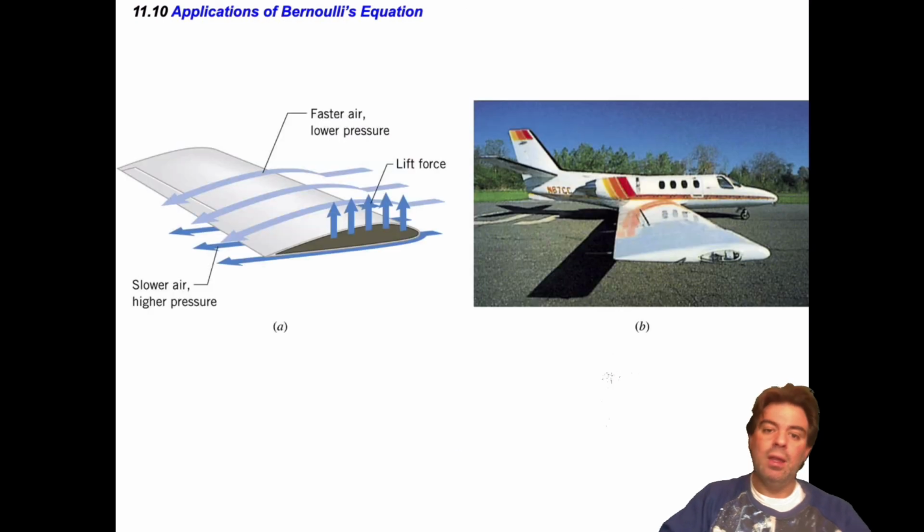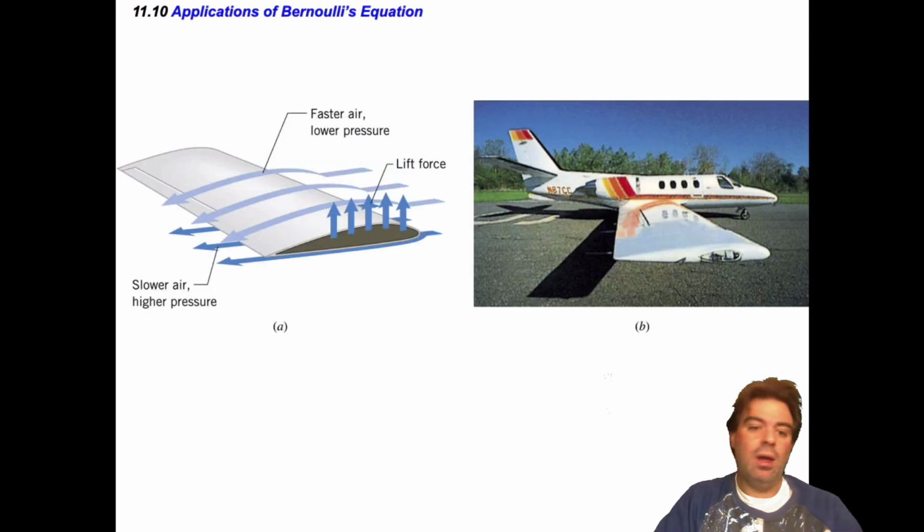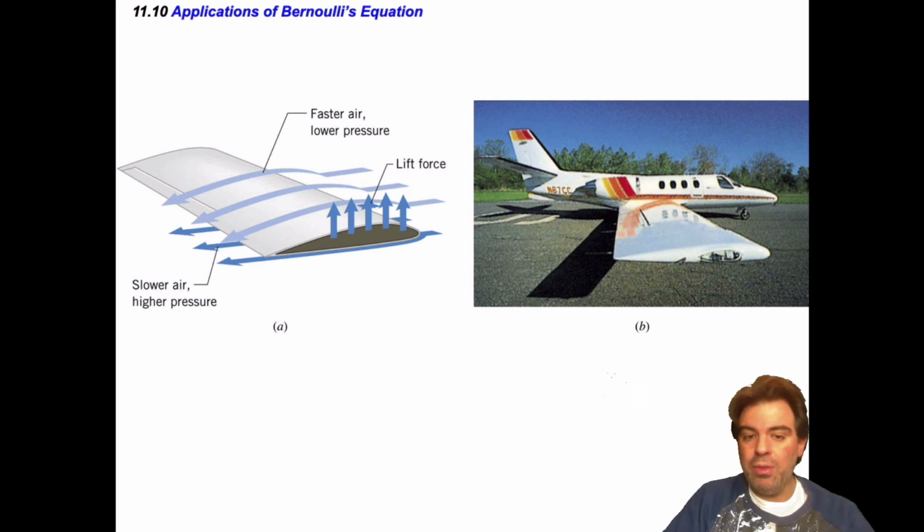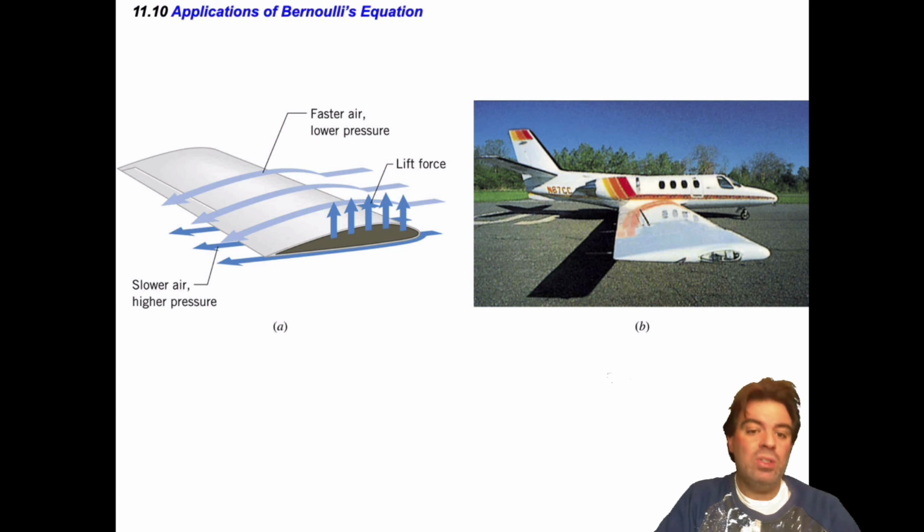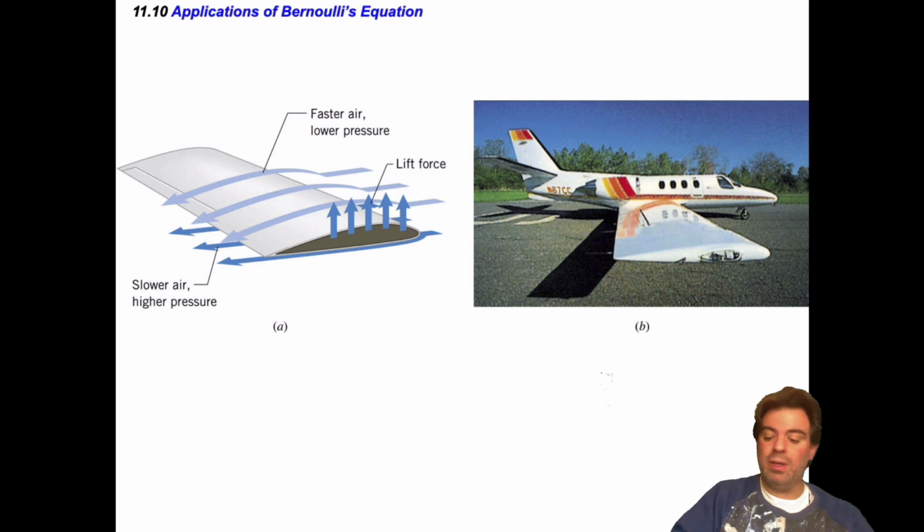The same thing with the airplane. Up atop the wing, because it's curved, we're going to have faster air. Because we have faster air, we have lower pressure, and slower air, higher pressure at the bottom. It is going to create a lift force.